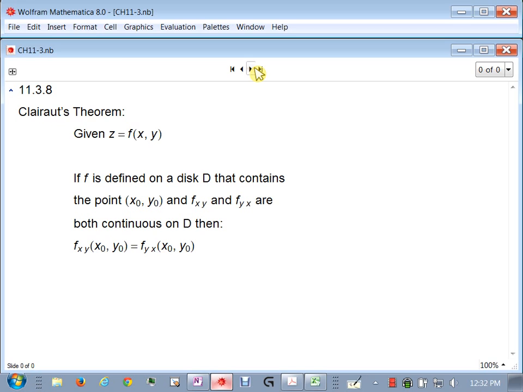As long as the partials are continuous, meaning they exist, the partial with respect to x first, then y, is equal to y first, then x. Not going to be a super useful thing here, just mentioning it.